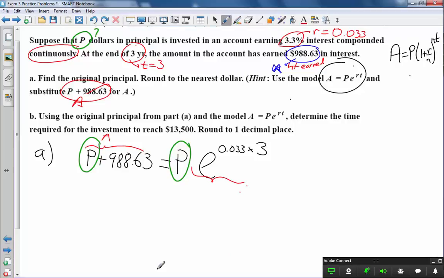Please, it says round to 1 decimal place, but give me a couple more digits so we can be safe. 1.104. Thank you. Alright, look, your question is a lot nicer looking now. P, the princess you're looking for, has a number added. That same princess you're looking for is multiplied by a number.